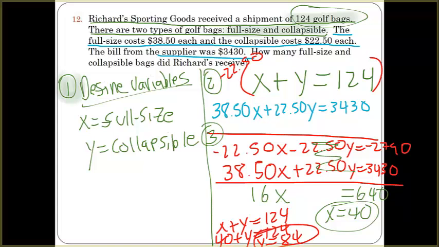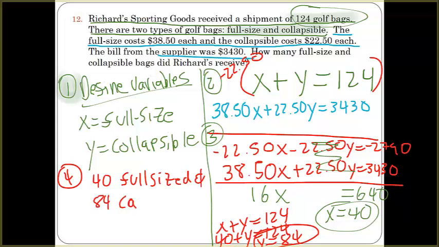So now I have my two variables. So I'm going to put my fourth step in, putting this into a sentence form. So I have 40 full-sized and 84 collapsible golf bags.